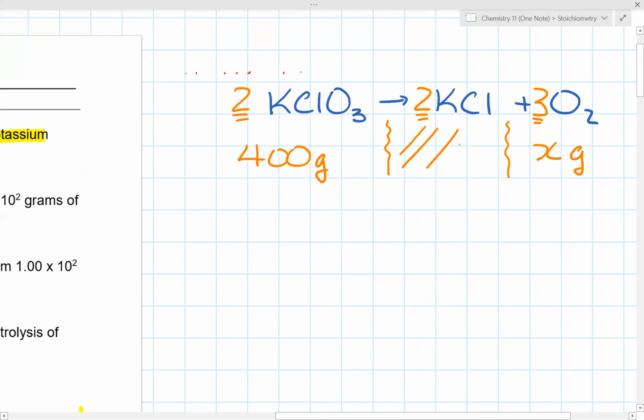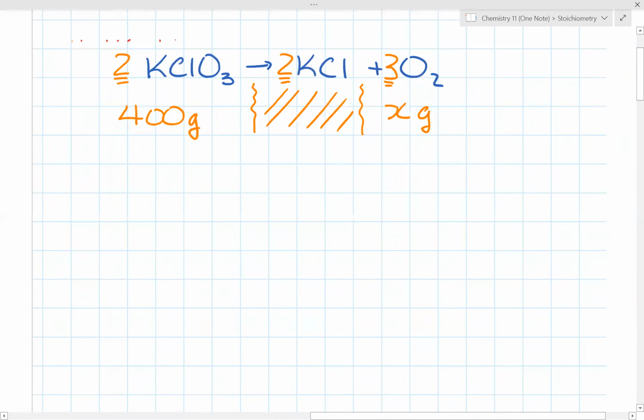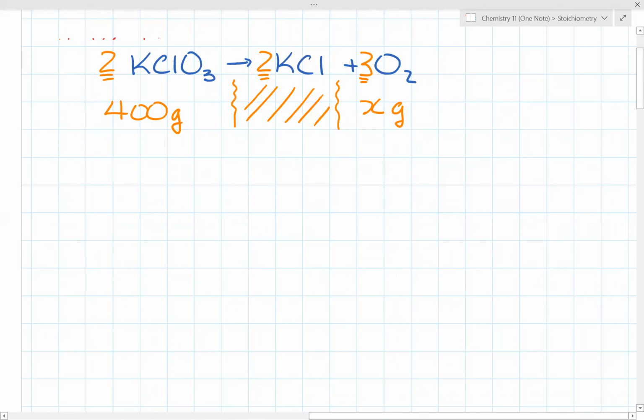The answer is no. I just blocked this off because it helps me focus on what I need to do. So what is the first step? The first step is to calculate moles, in this case, of KClO3.